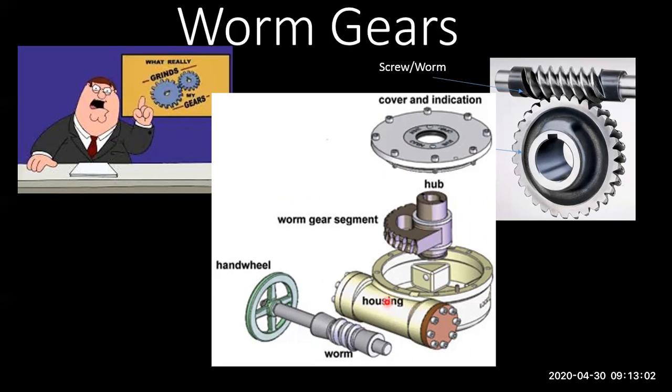You can see in the housing that when you start rotating this manually, this whole housing lifts up. That's how it is used in manual applications like closing of gate valves and hoisting.